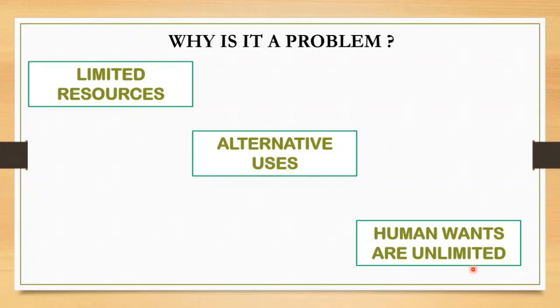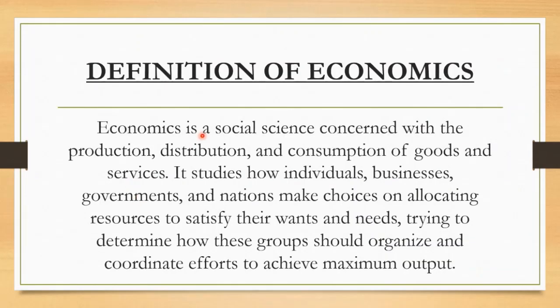Now, let us discuss the definition of economics. Economics is a social science concerned with the production, distribution, and consumption of goods and services. That means they are concerned with what is to be produced, how those things will be distributed, and whether these goods that are produced and these services that are given are going to be consumed or not, and by what group of people the particular commodity or service will be consumed.